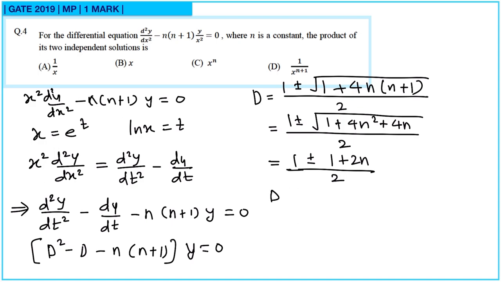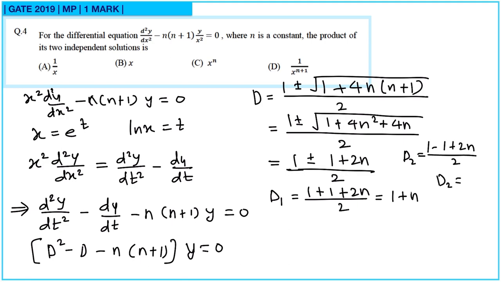So D1 will be equal to (1 plus 2n) plus 1 upon 2, which is equal to (2 plus 2n) upon 2, that is 1 plus n, and D2 is equal to 1 minus (1 plus 2n) upon 2. So D2 is equal to minus n.